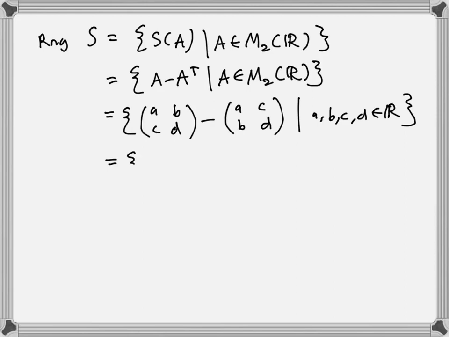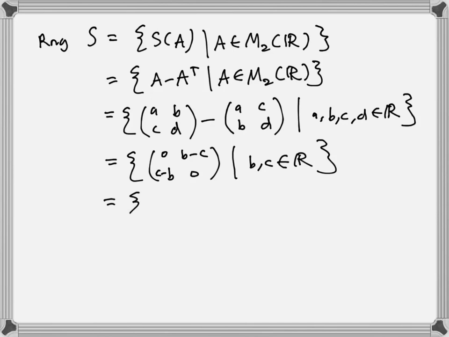What do we end up with? If you take these two matrices away, you actually get a 0 here and a 0 here, and then B minus C, and then C minus B. Okay, but what is that? These are actually the set of all matrices that look like this.